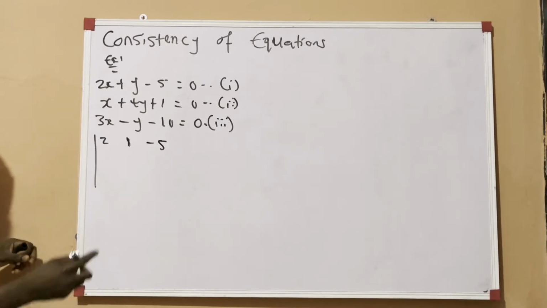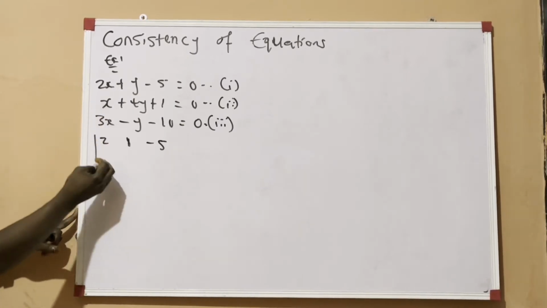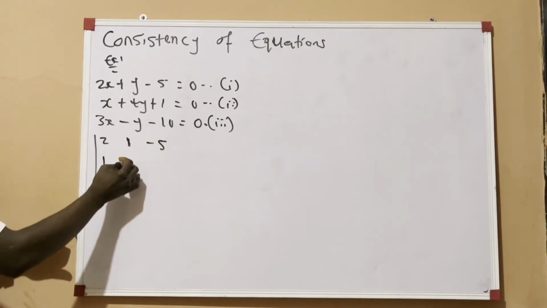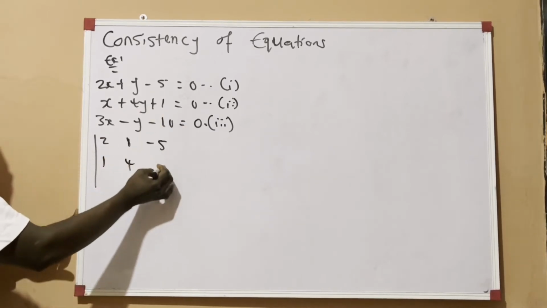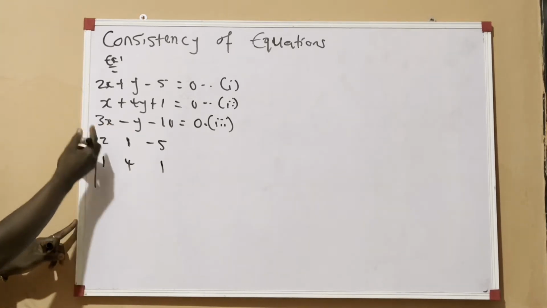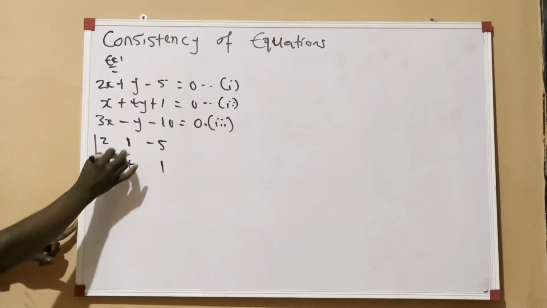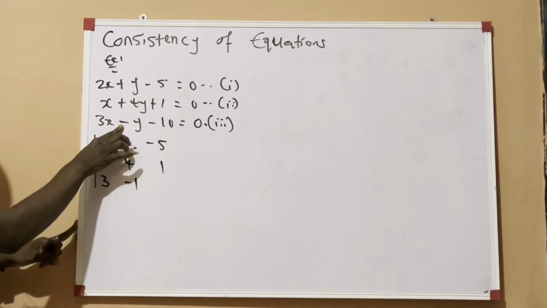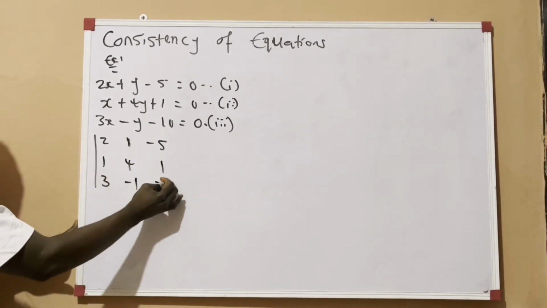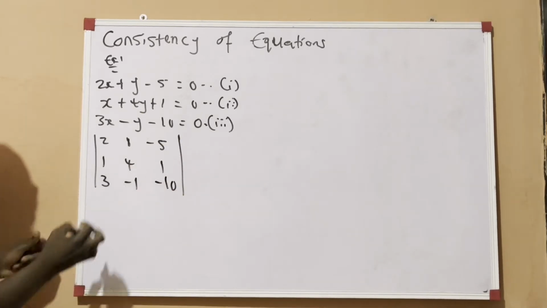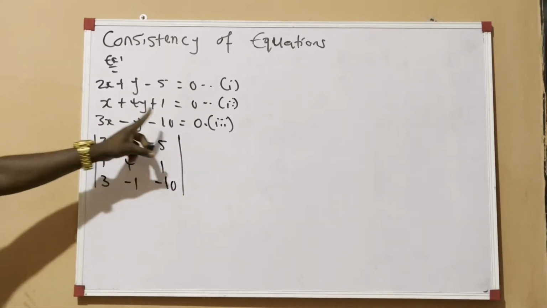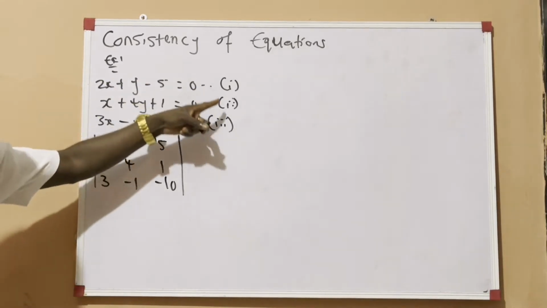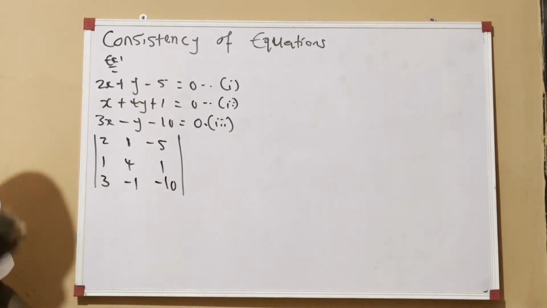Here x is carrying a constant 1, y is carrying a constant 4, and here we have constant 1. Here x is carrying a coefficient of 3, here y is carrying a coefficient of negative 1 because of the minus sign, and here we have negative 10. And don't forget, when we solve the determinant of this, it must be equal to 0 to know that these equations are consistent.